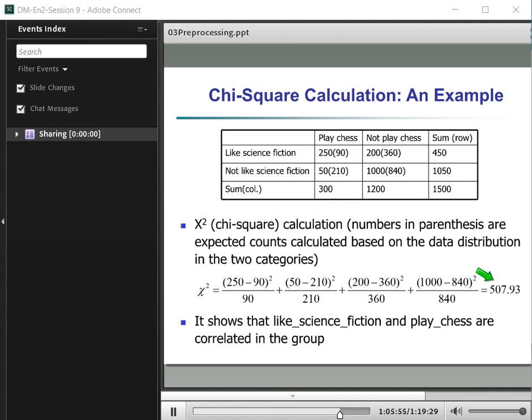And the final chi-square value is 507.93.